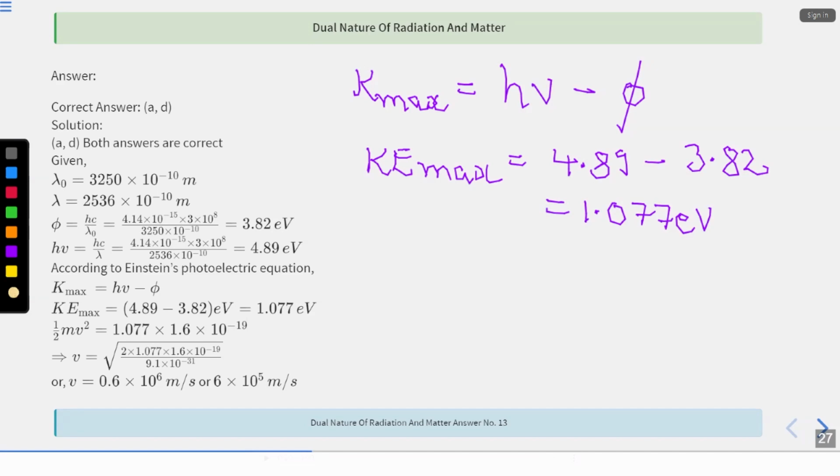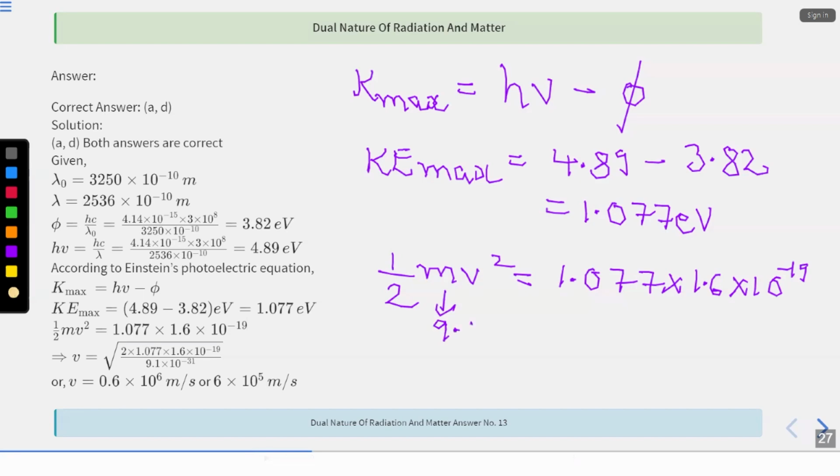So therefore, I can just calculate it using half mv square. We know the mass, we know the charge and everything. So I can write this basically as 1.077, and e is nothing but 1.6 into 10 to the power minus 19, right? We know the mass to be 9.1 into 10 to the power minus 31.